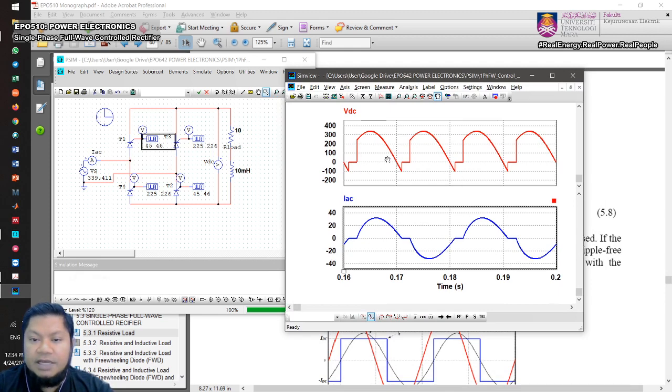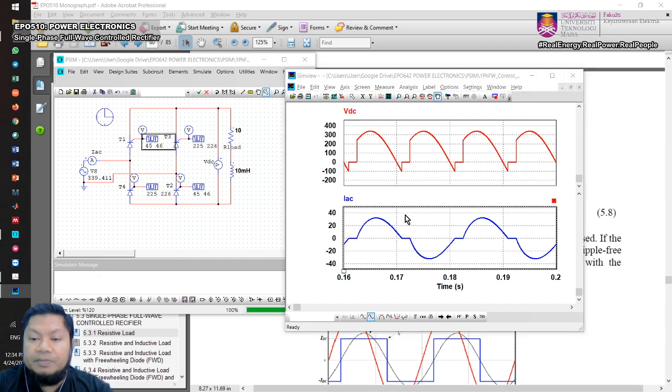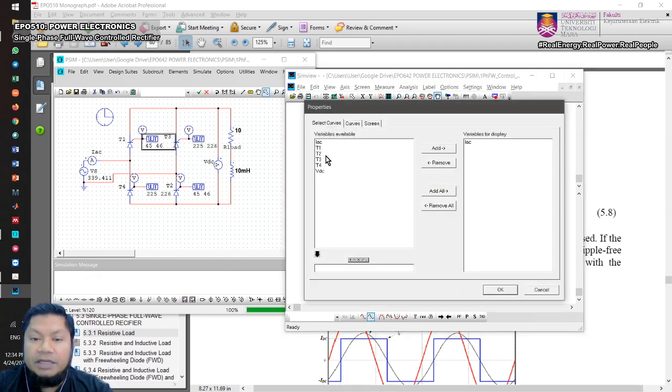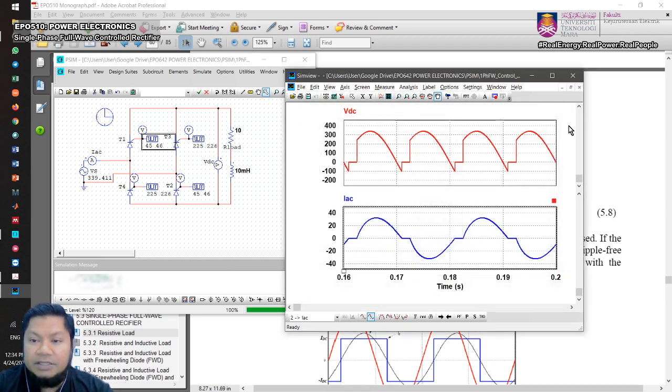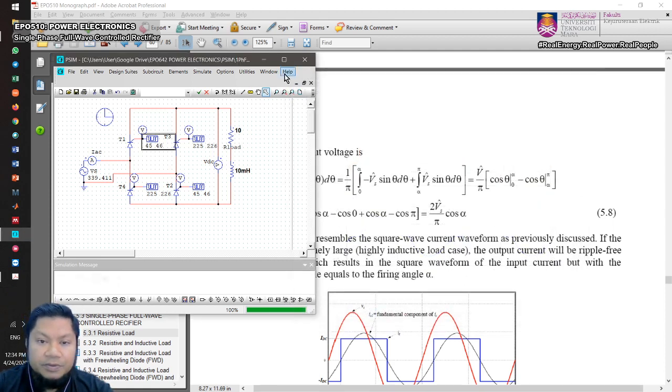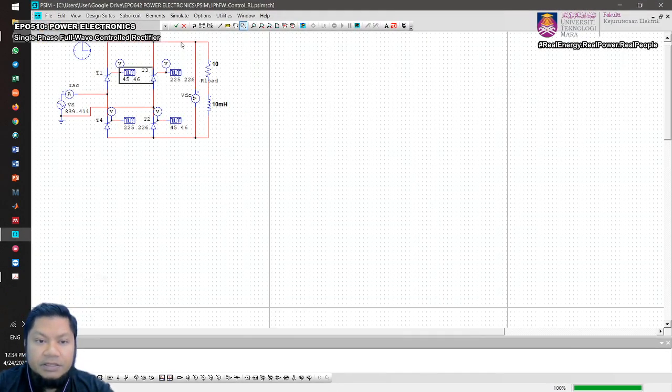Okay, so in this case, with L equal to 10 millihenry, the output current is discontinuous. I'm going to put in the IDC as well. Oh, no IDC. So I think I need to put in the IDC. So I'm going to remove this and then put in series the output current.